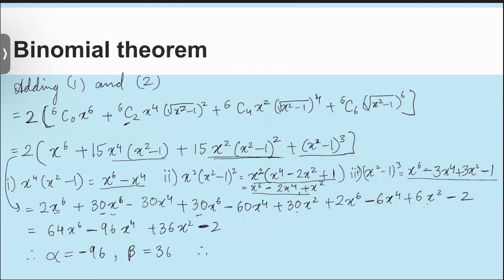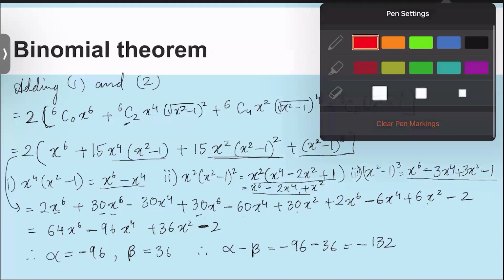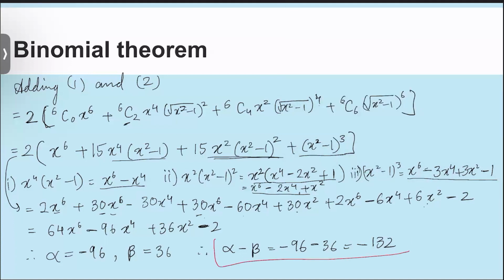So therefore now we were asked what is alpha minus beta. So alpha minus beta then becomes minus 96 minus 36, and this is your minus 132. Okay, so this is your final answer to what is being asked.